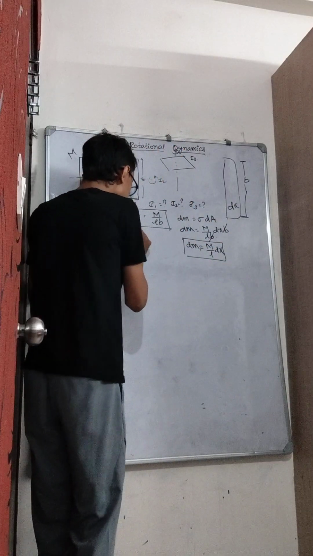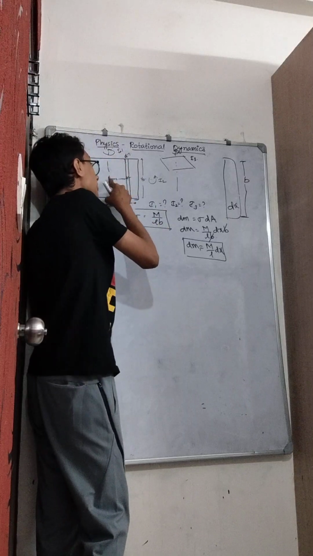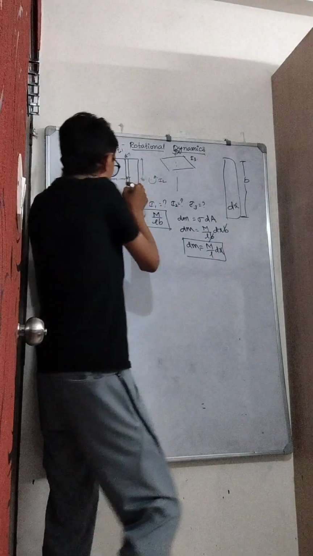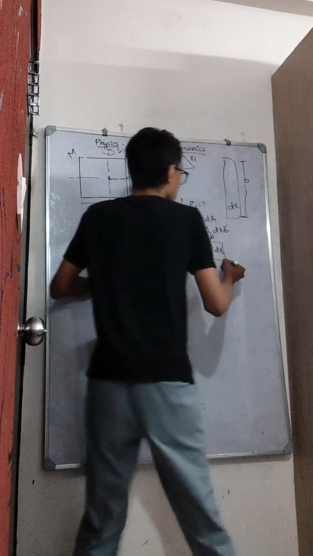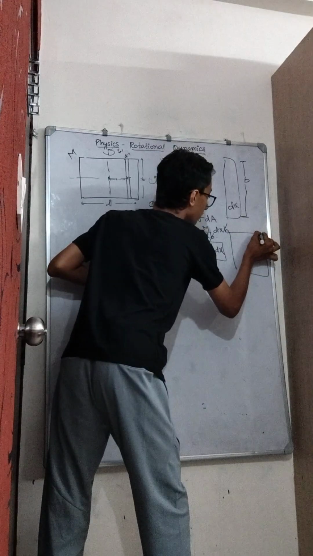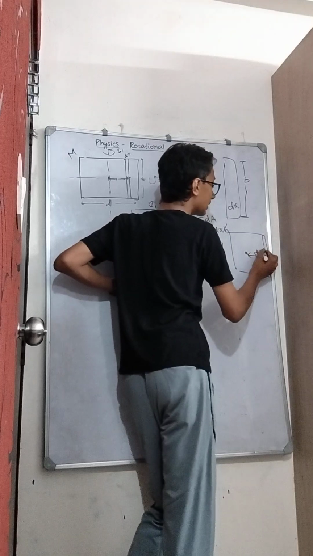Now I is equal to dm into r squared, where r is the perpendicular distance from the axis of rotation, as I told. The distance from the center to the small piece is x.